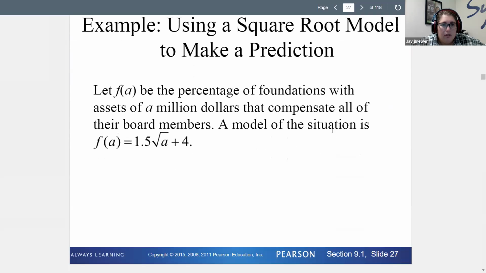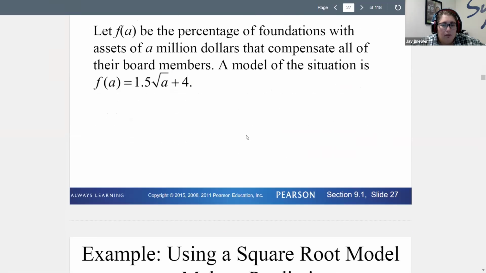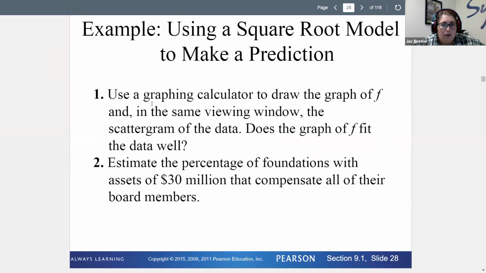All right. They say let F of A be the percentage of foundations with assets of A million dollars that compensate all of their board members. A model of the situation is given as f of a equals 1.5 square root of a plus 4. You're going to use a graphing calculator to draw the function, and then in the same window, they want you to do the scattergram.